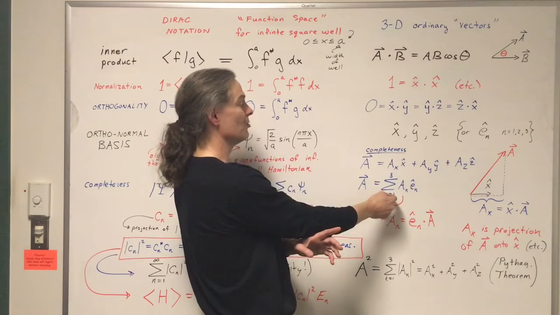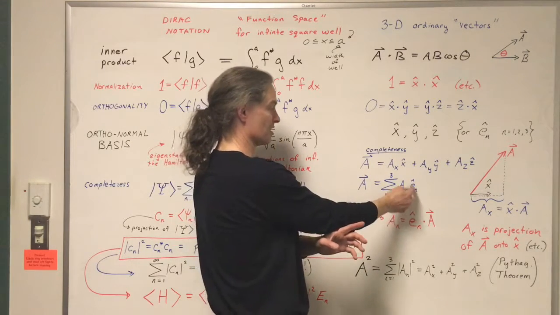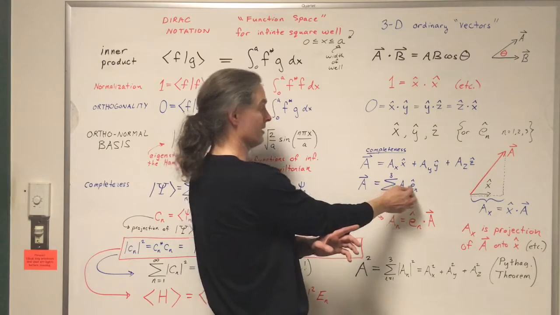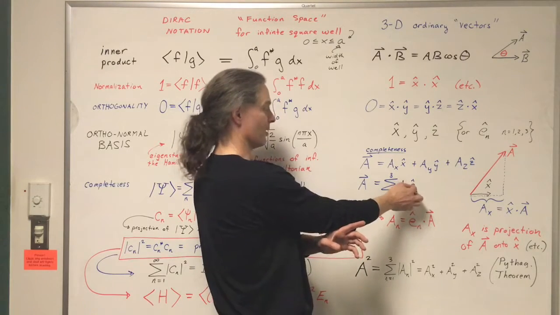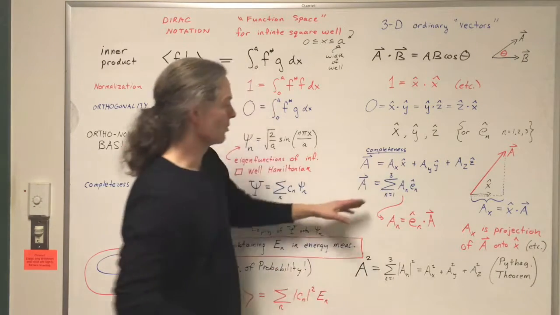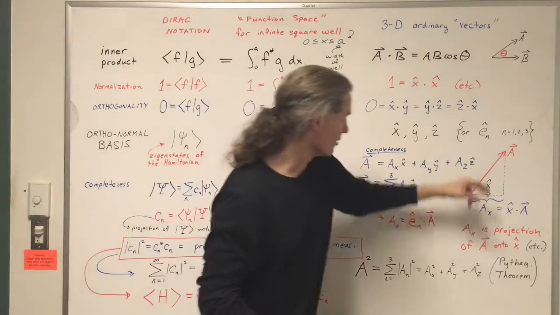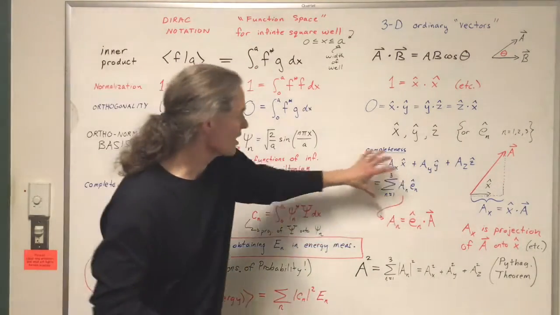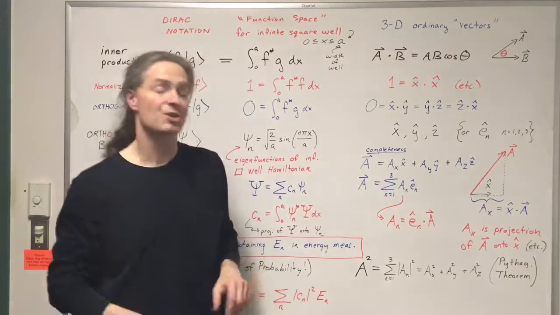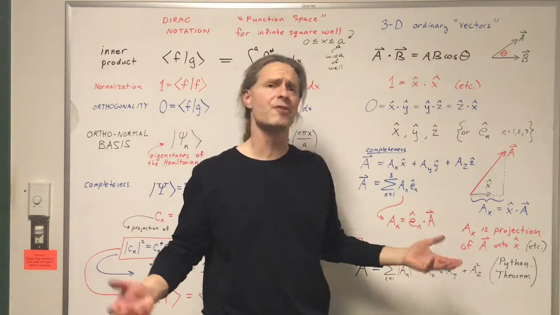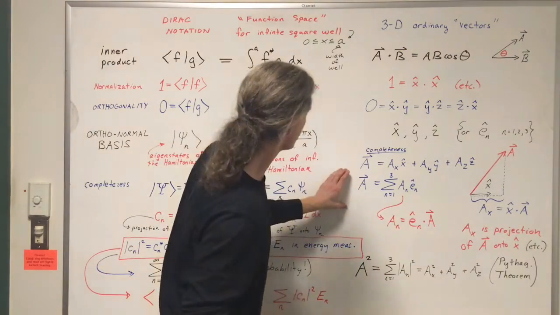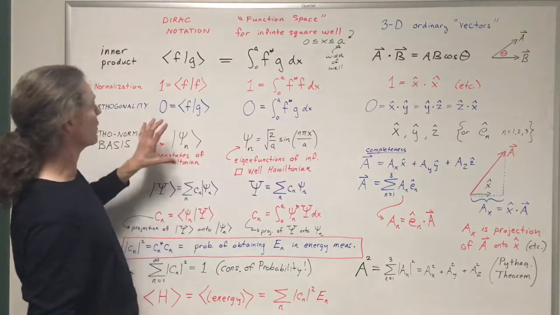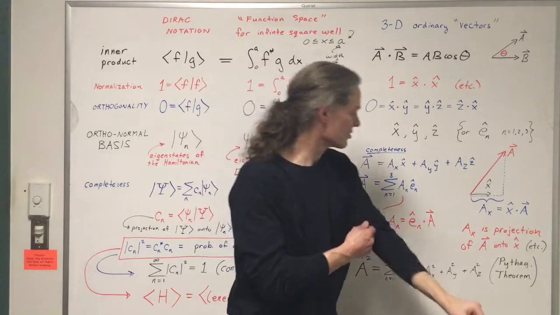When n is 2, we'd have A sub 2 times E sub 2, well that'd be A sub y, y hat, and so forth. So we run the sum from 1 to 3 and we pick up all these terms. So this is a nice compact way to write this, which normally we wouldn't bother with, but we want to do this because I want to draw analogies to our other quantum situations.